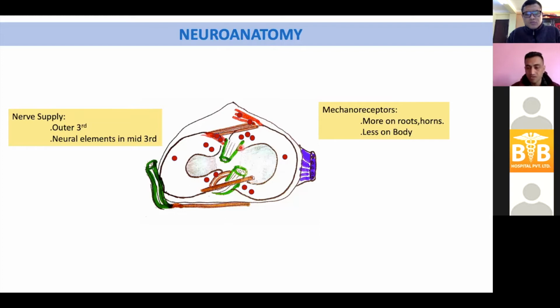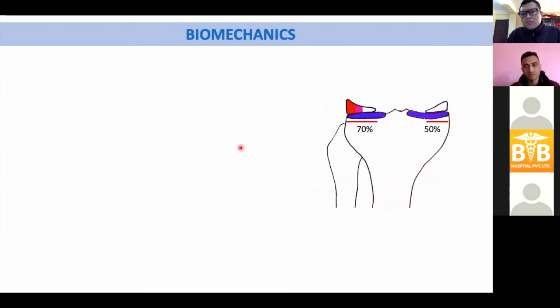That's called position sense, also called proprioception. This is basically aided by the mechanoreceptors. So that's why, again, roots are important. The roots are important not only for anchorage but also as mechanoreceptors.